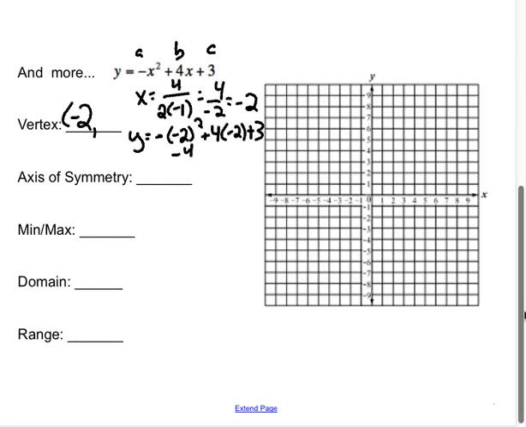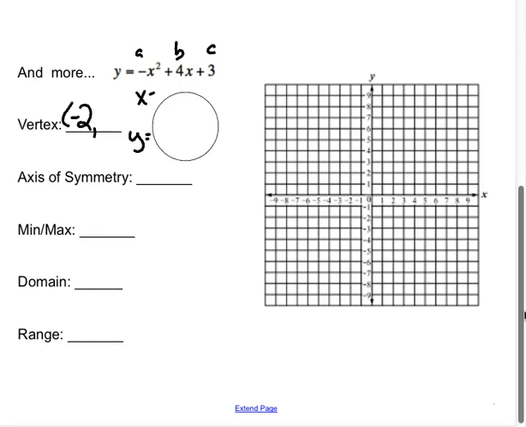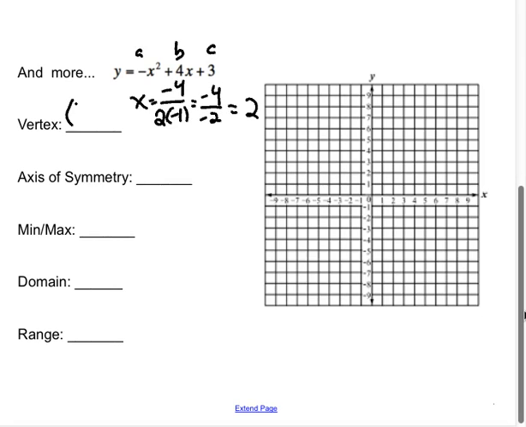Oh, I'm sorry. I did that wrong. I apologize. Hopefully you guys were questioning what I was doing because I forgot -b would actually be -4 over 2 times -1. So again, I apologize for that, but I'm hoping that you guys thought what I was doing was a little bit strange. I hope you were picking up on that as I was doing it.